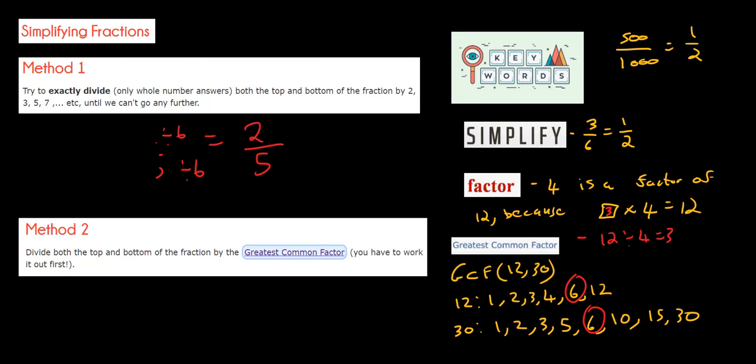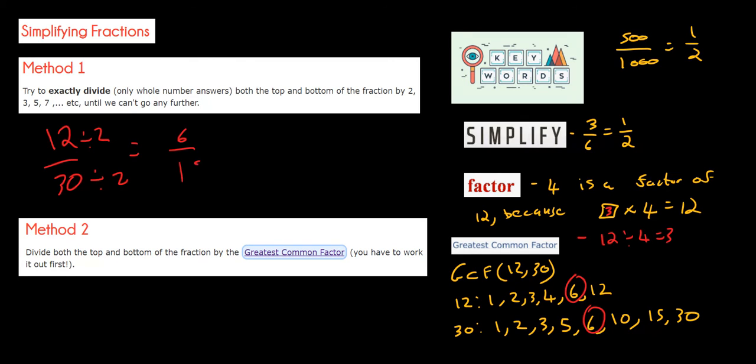Let's look at two methods. Method 1 says try to divide both top and bottom of the fraction by 2, 3, 5, 7 until we can't go any further. This is using the greatest common factor method, but breaking it down into smaller chunks. Take our example of 12 over 30. We can divide by 2 to get 6 over 15.